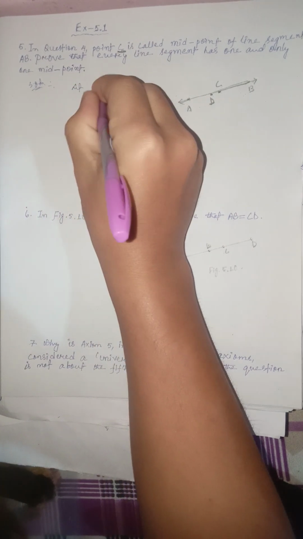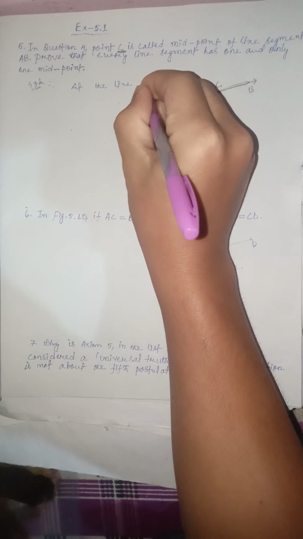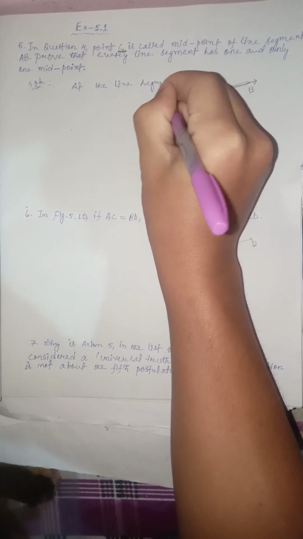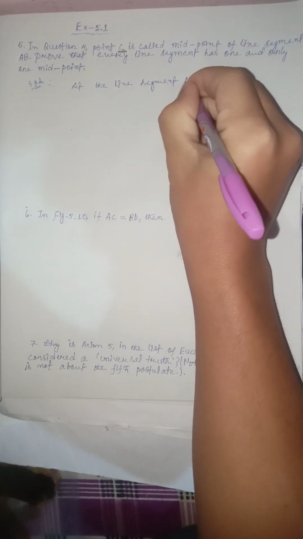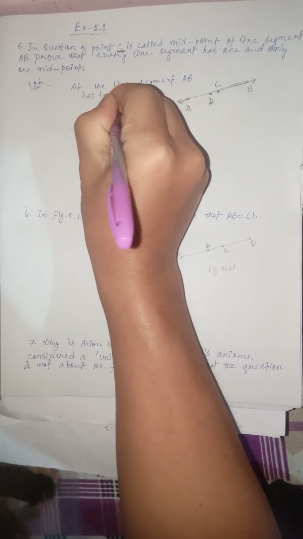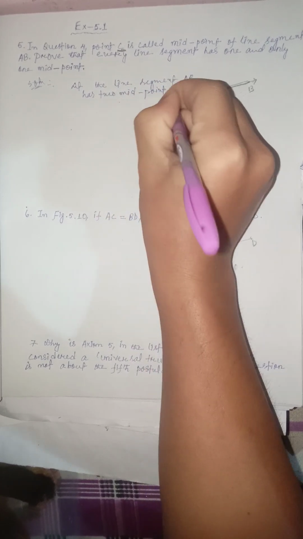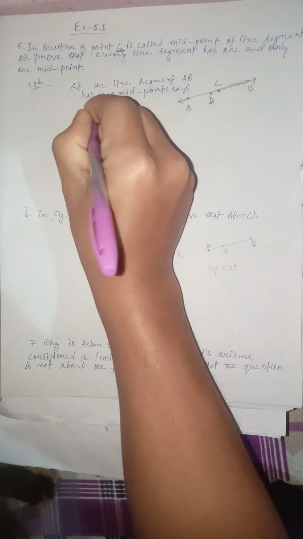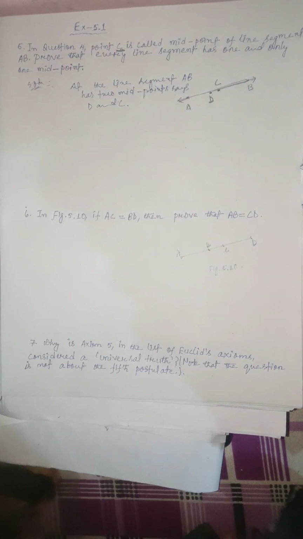Let the line segment AB have 2 midpoints. The first is D, and the other is C. And using this, let us try to get what is asked in the question.